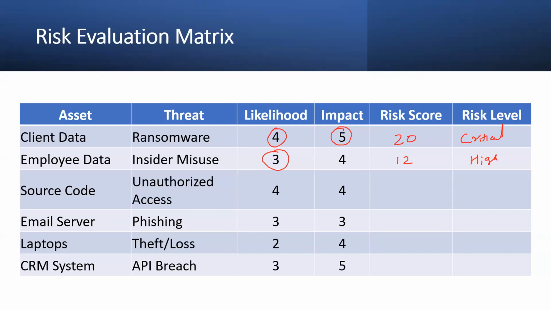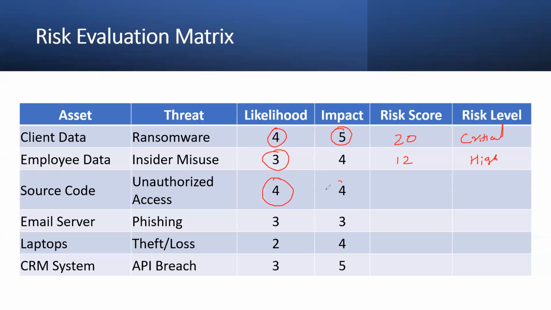Then we have the source code. What is the threat to the source code? Unauthorized access. There is a high probability of unauthorized access due to insecure Git credentials, so we will keep it as 4, likely. What will the impact be?